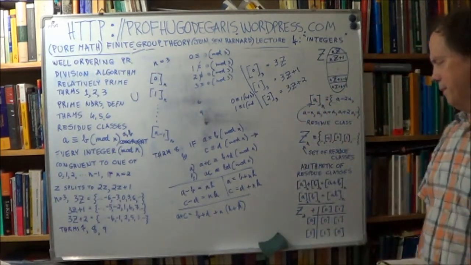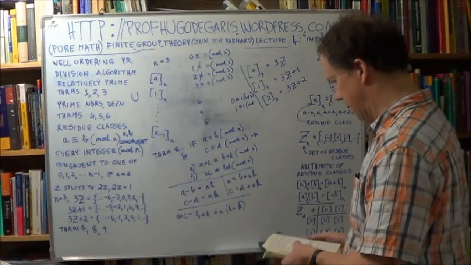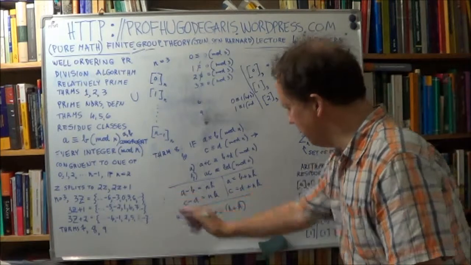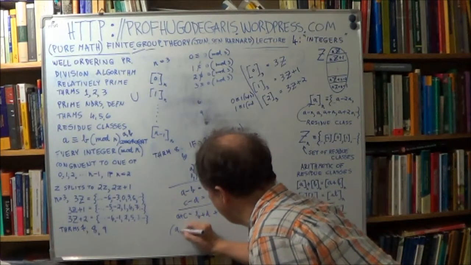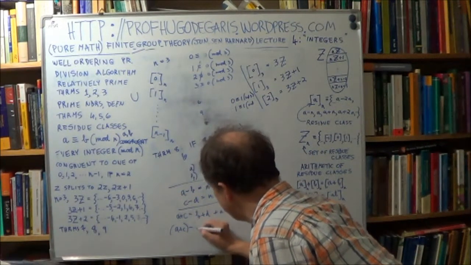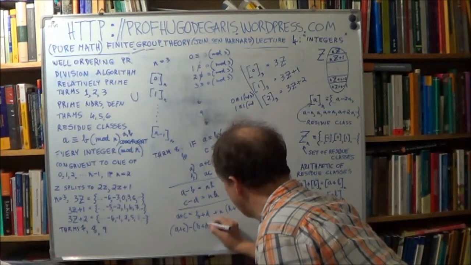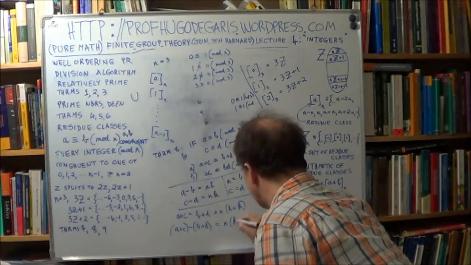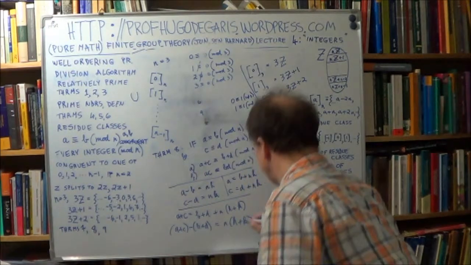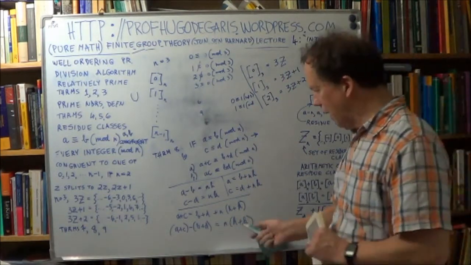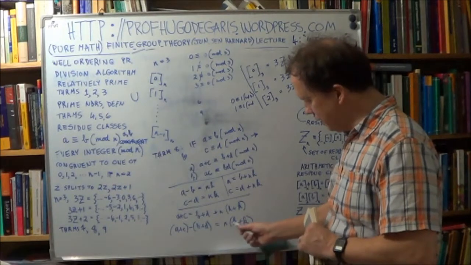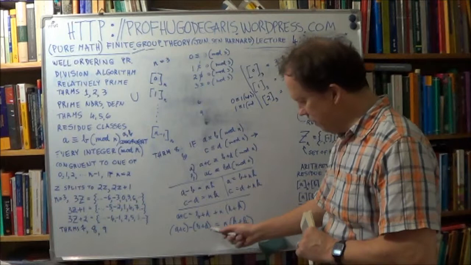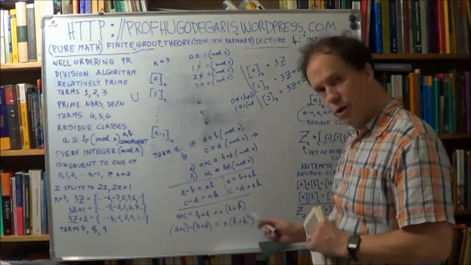Okay, follow that? So therefore, now take the B plus D over, and you'll get A plus C minus B plus D equals N into H plus K. That means that this integer and that integer are congruent.